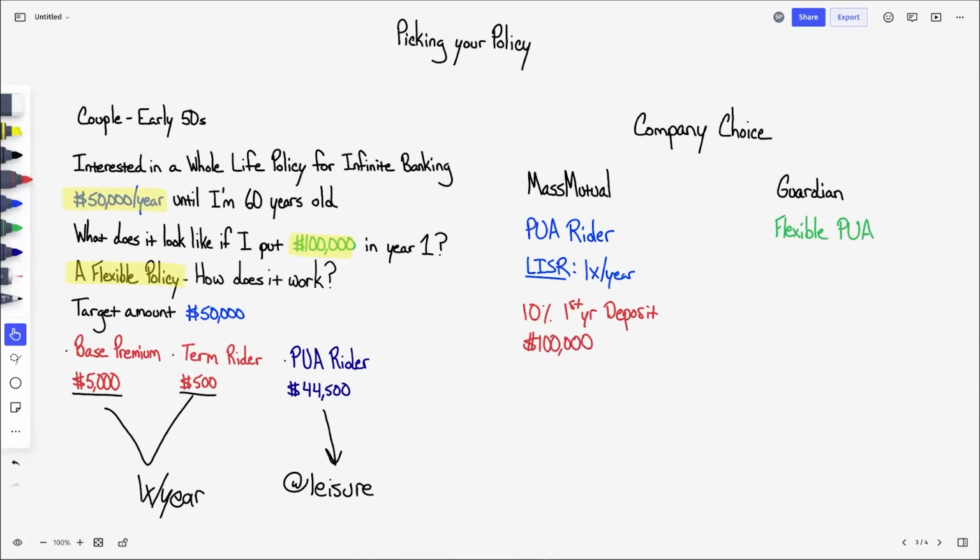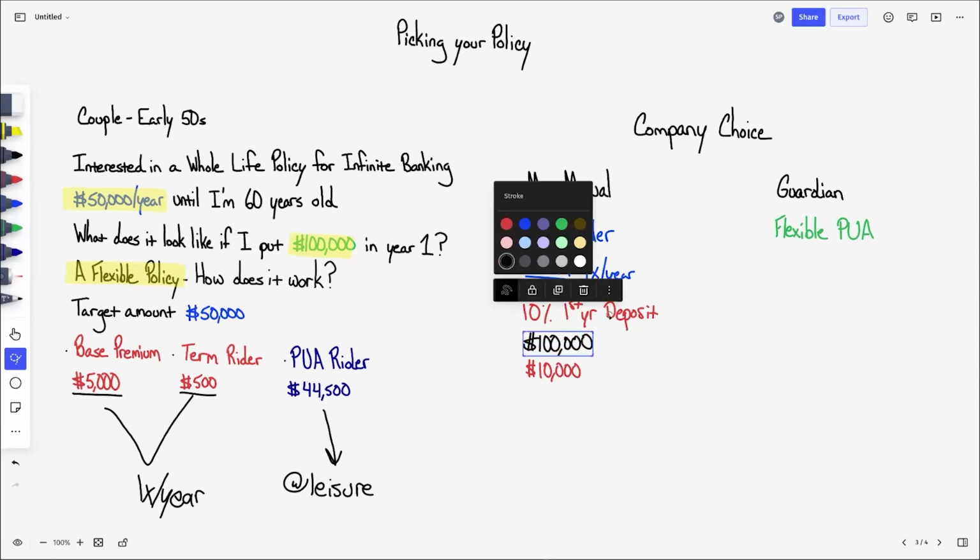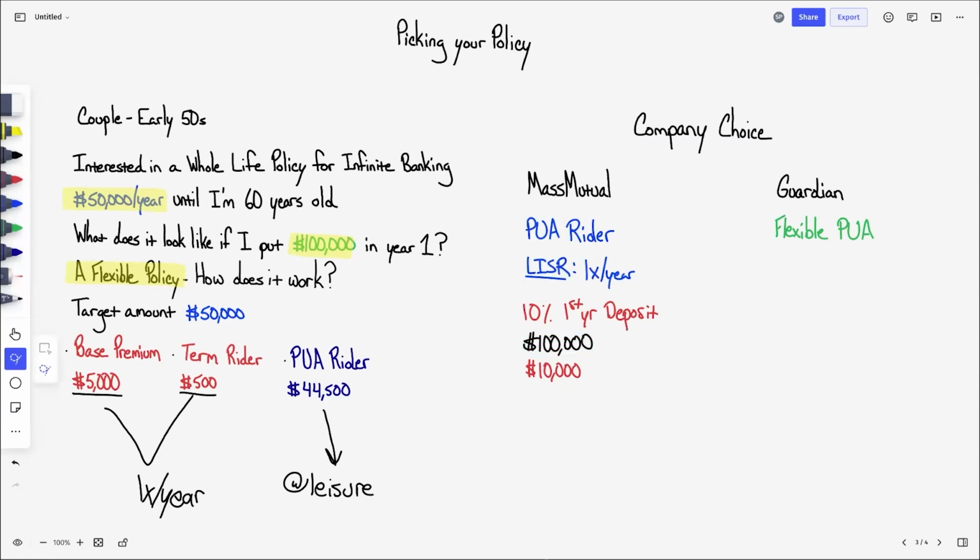She wanted to start with 100 in the first year. That means 10% is $10,000. Make sense? Cool. There we go. And then with Guardian, it'll be similar with one exception.